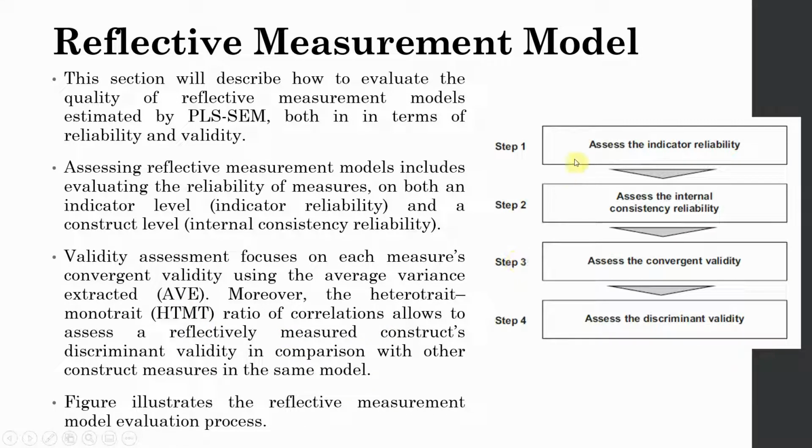Now, these are the steps that we will follow to evaluate our reflective measurement model. Step 1, we will assess indicator reliability. Step 2, we are going to assess the internal consistency reliability. Step 3, we will assess the convergent validity, and step 4, we will assess the discriminant validity.